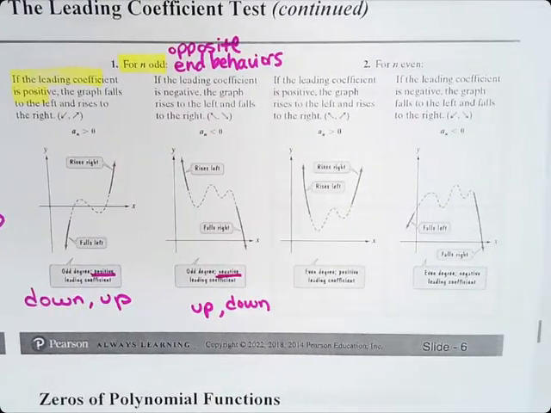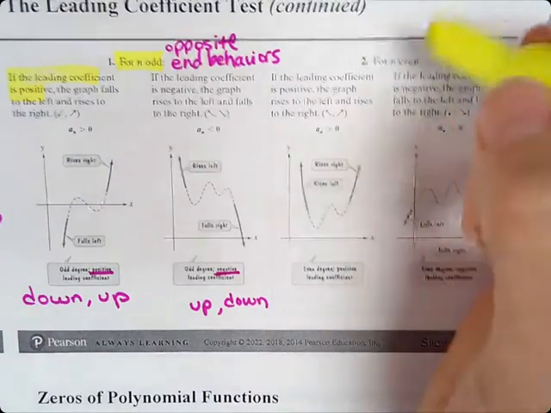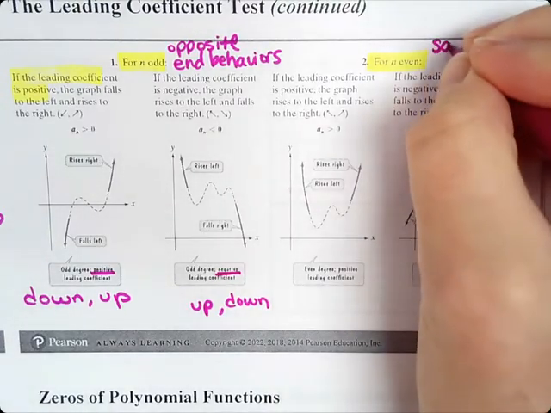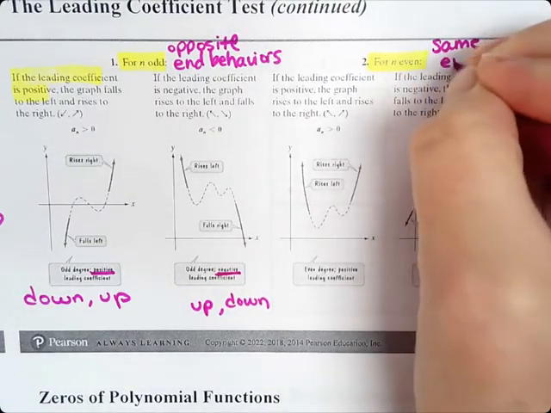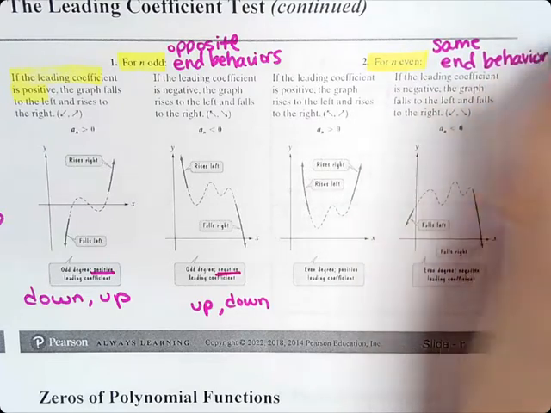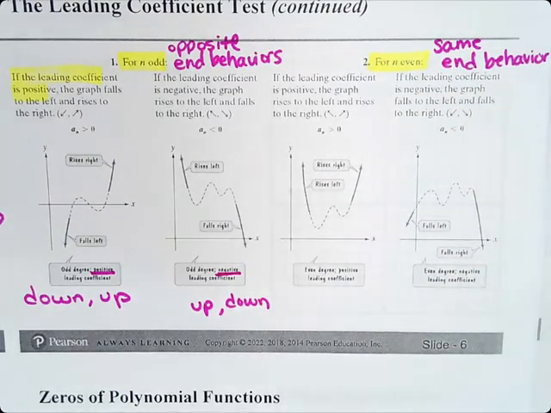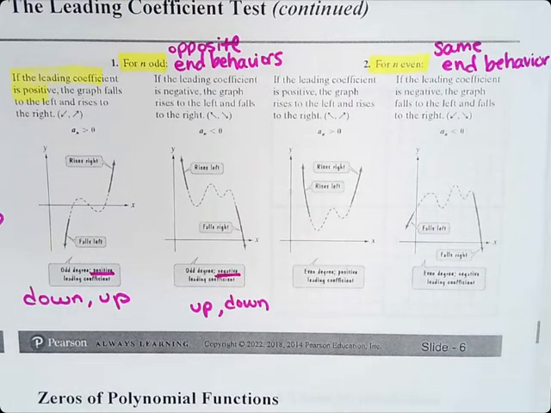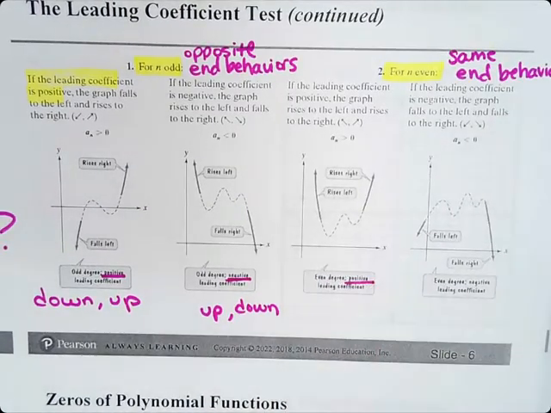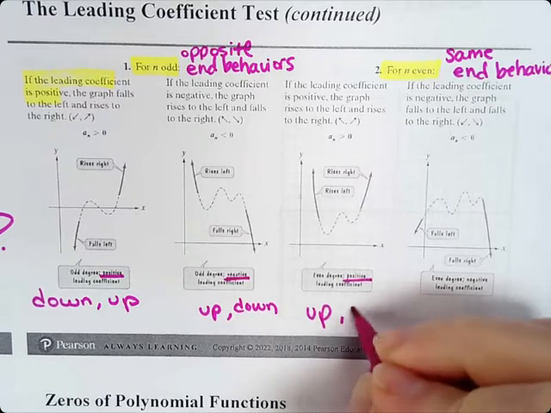And then if we have even degree, it's going to have the same end behavior. So if it's an even degree and a positive leading coefficient, it's going to be up, up.